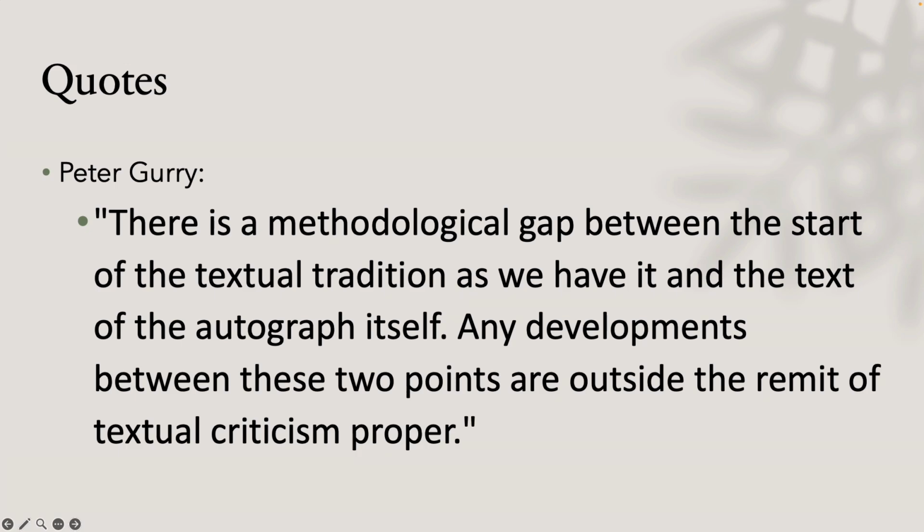So it points out that there is a gap between the earliest manuscripts and the original. Because these texts are 4th century, there's already a couple hundred years between the original and these manuscripts. So you can't say that there is a link between them.